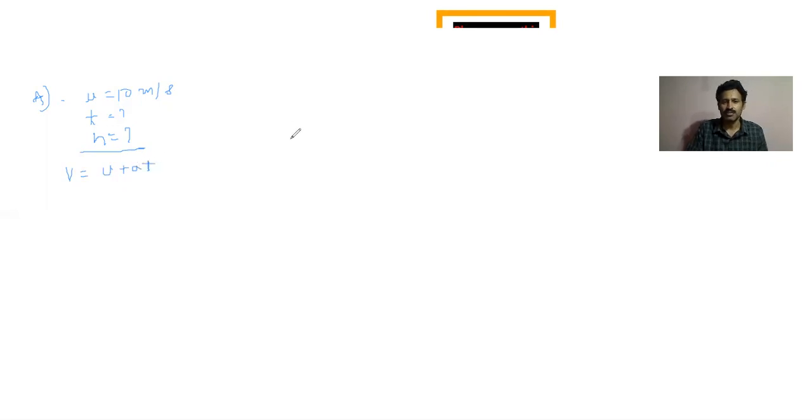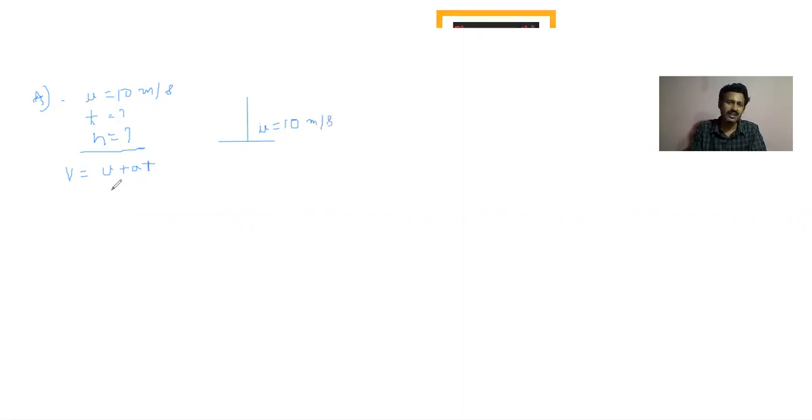First of all, picturize what is given. This is the ground. The body was projected upward with an initial velocity u equal to 10 meters per second.